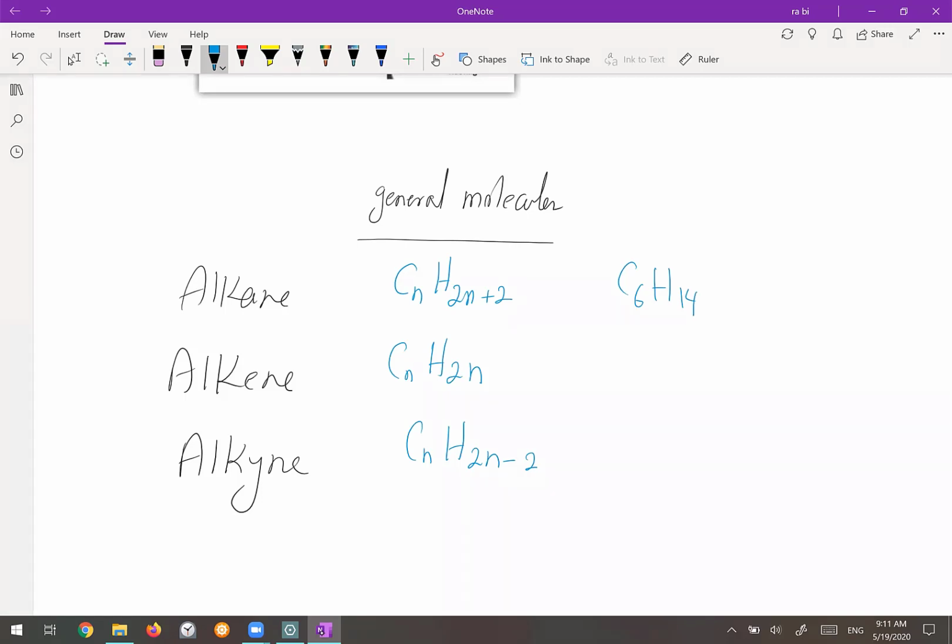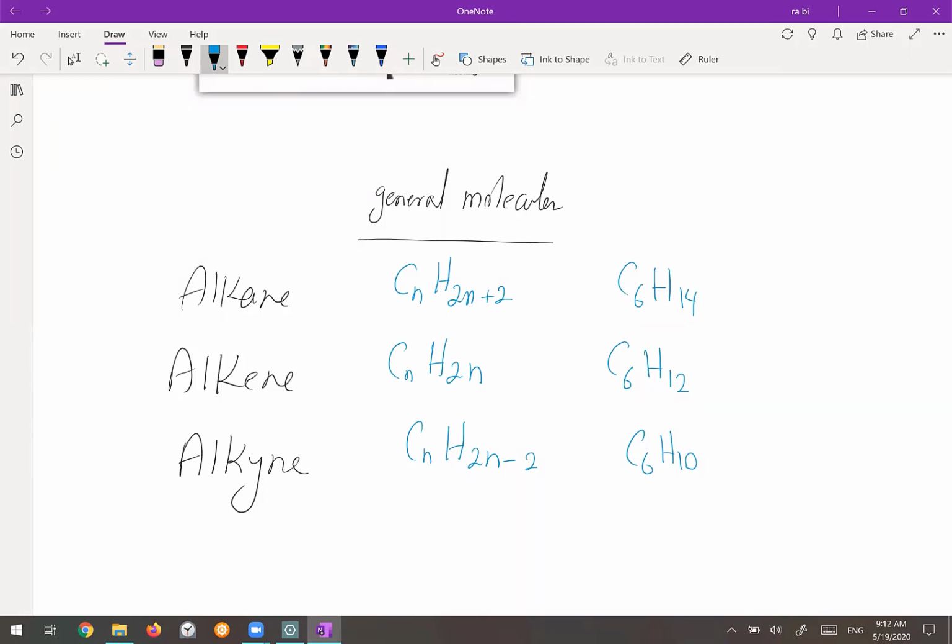And the alkene with 6 carbon has 6 times 2, 12 hydrogen. And alkyne with 6 carbon has 6 times 2, 12, minus 2, 10 hydrogen. So from the general molecular formula, we can guess if we have alkane, alkene, or alkyne for the hydrocarbons.